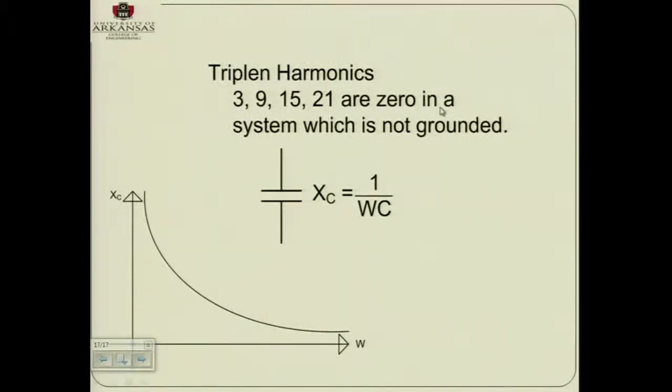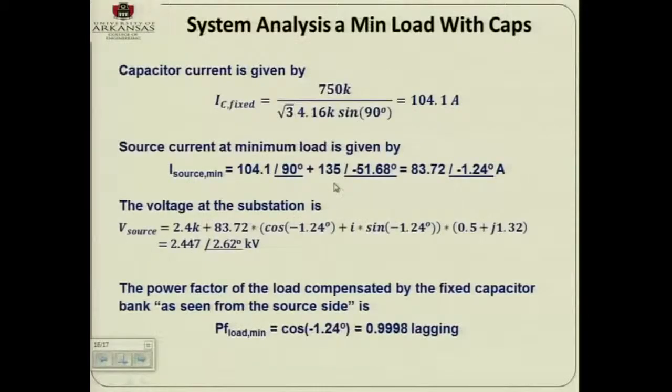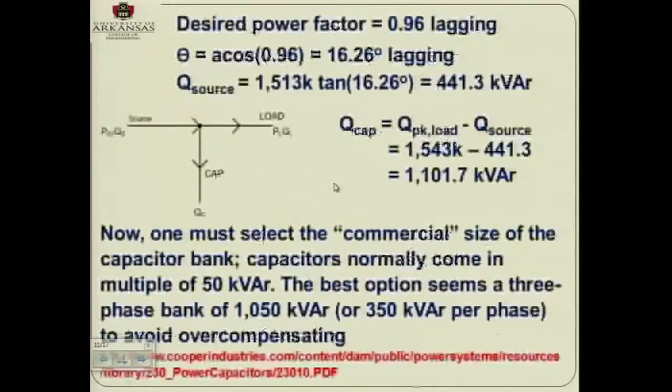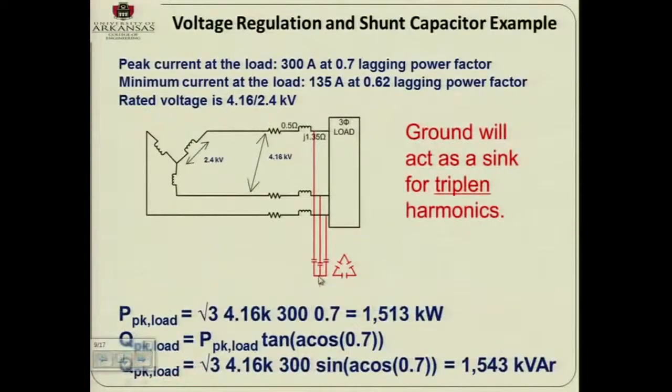So sometimes the capacitor bank is not grounded to avoid third harmonics flowing through it. The problem is that when you do that, this point can float.